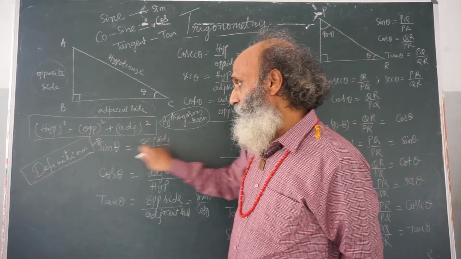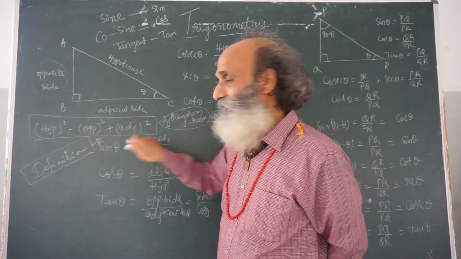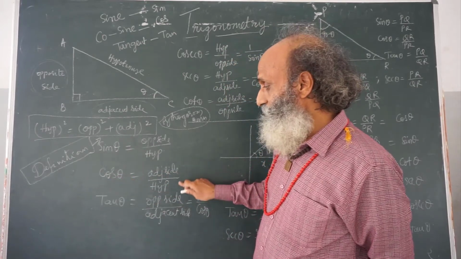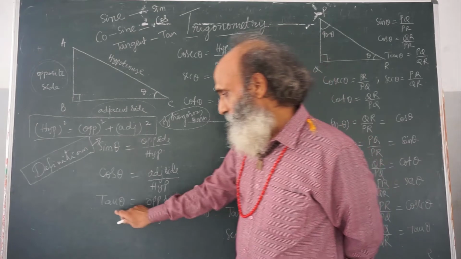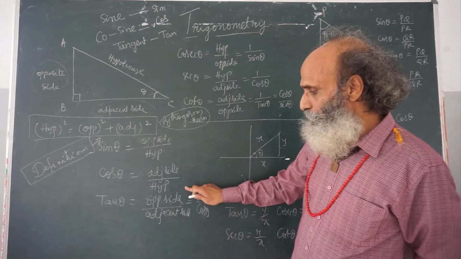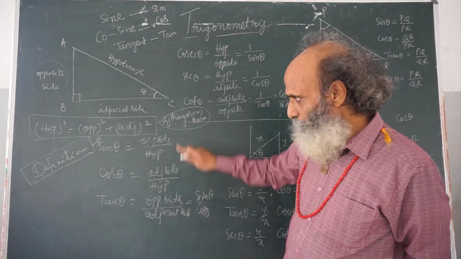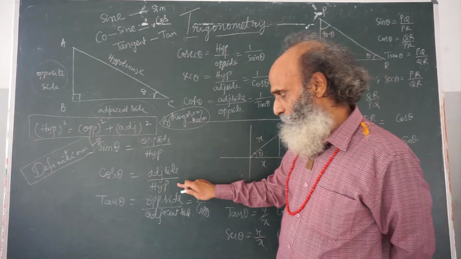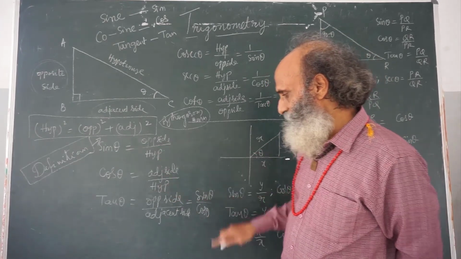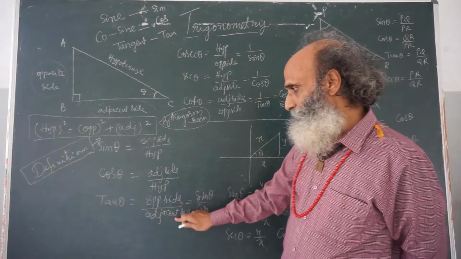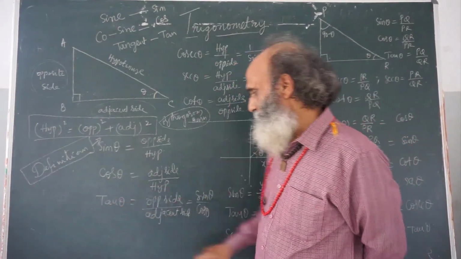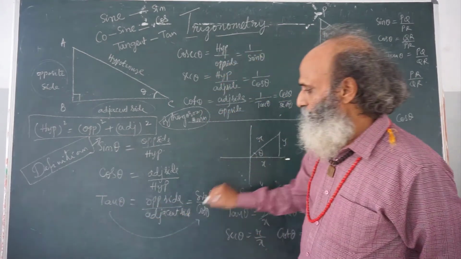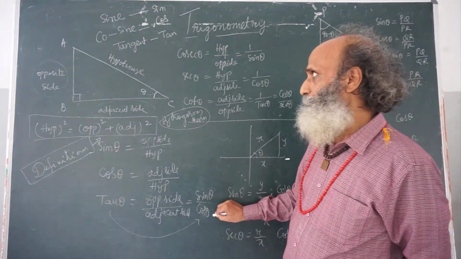What is opposite side? The side opposite to this theta. Cos theta, adjacent side by hypotenuse. Tan theta is defined as opposite side by adjacent side. Now look, opposite side by hypotenuse divided by adjacent side by hypotenuse. Hypotenuse gets cancelled. Opposite side by adjacent side, which is tan theta, and therefore tan theta will be equal to sin theta by cos theta.